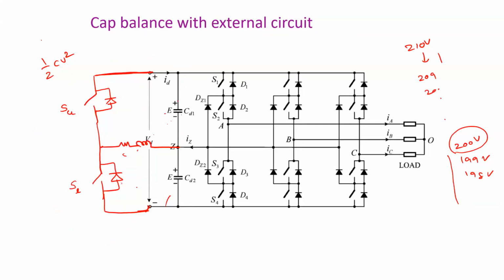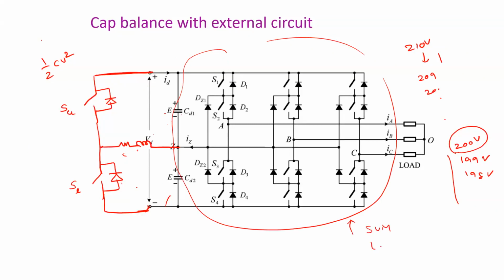Now what we have to do is generate the firing pulses. For control of this, we can use either SVM or level shifted PWM. Any PWM technique we can use here.